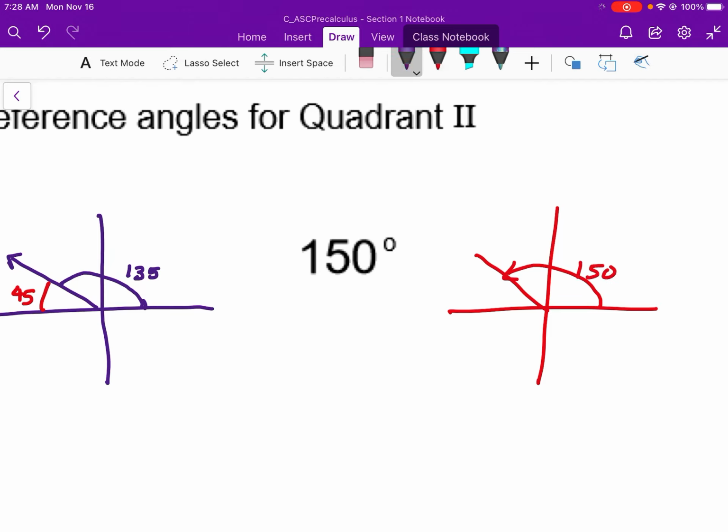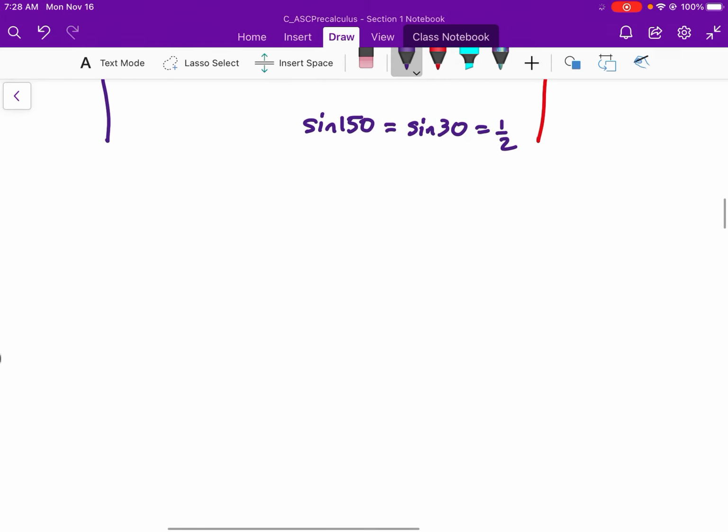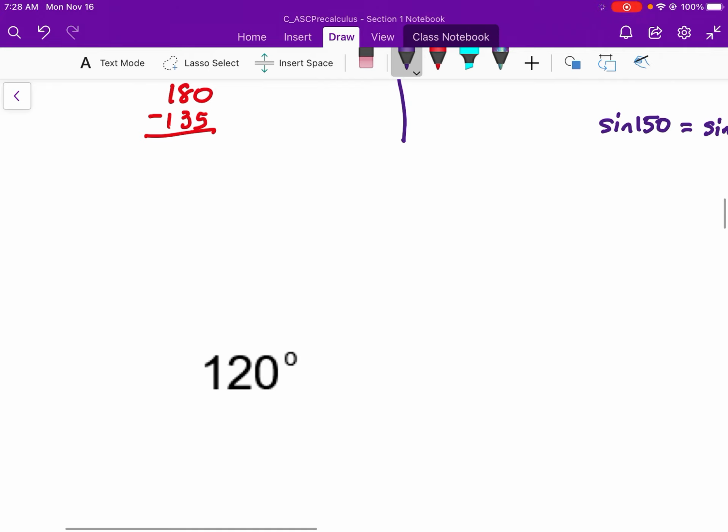So this is 150, which means this is the reference angle, and 180 minus 150 is 30. So when I find the sine of 150, really I can find the sine of 30, and it's the same. And remember, the sine of 30 is a half. The only thing I have to be careful about is whether it's positive or negative. My calculator's not all that helpful in these problems, by the way.